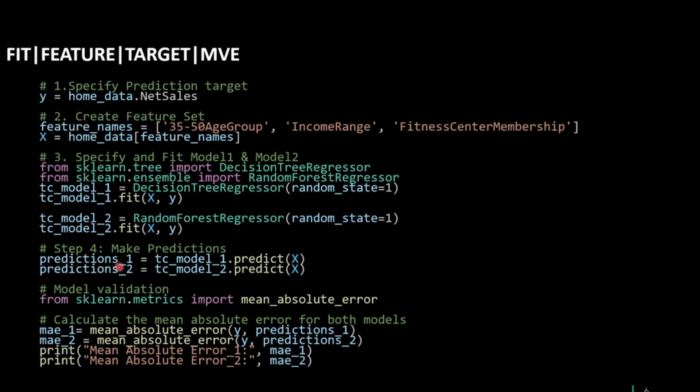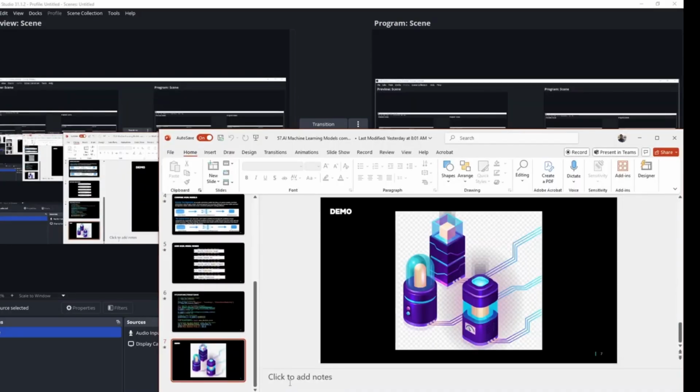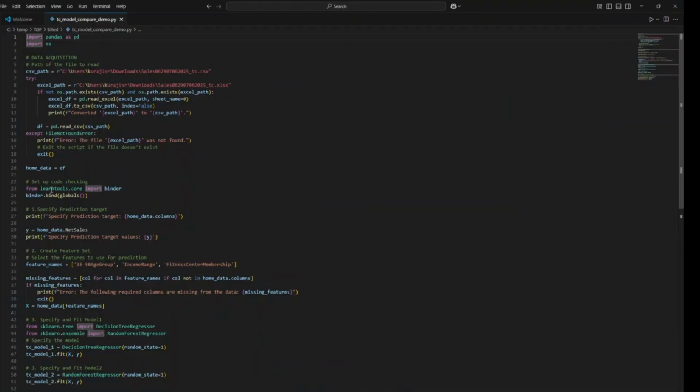Once we have predictions 1 and 2, we'll find the mean absolute error and just print it. So let's take a look at the code. Here we are just initializing the data into the data frame.